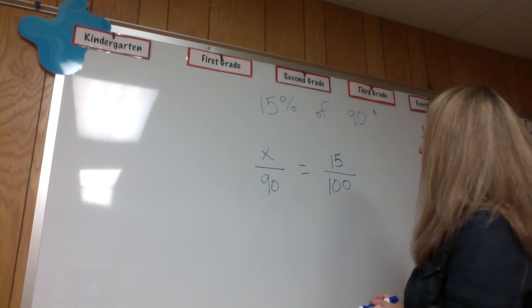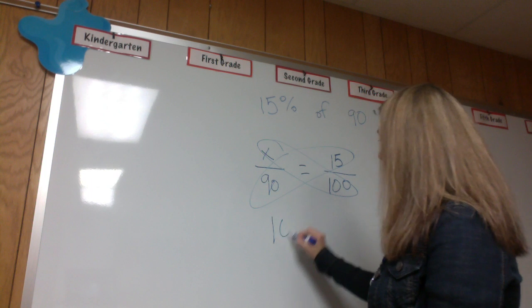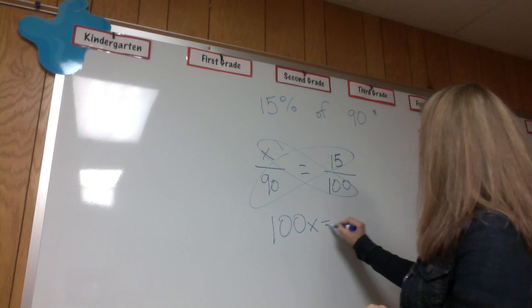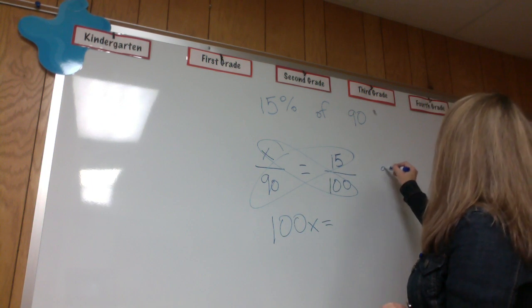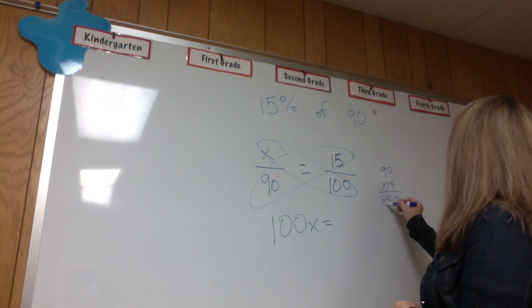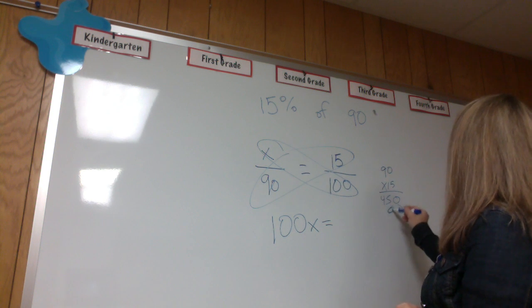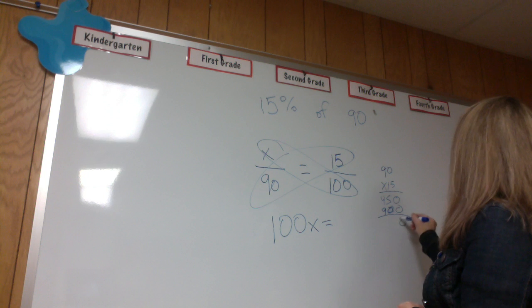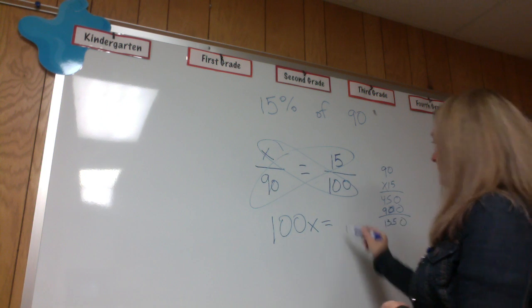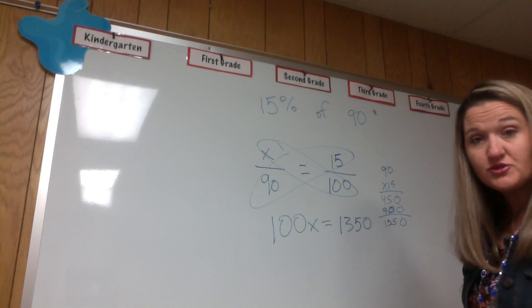All right, so cross products. 100x is equal to, I should be able to do this in my head, but nope. Now my problem is 100x is equal to 1350.